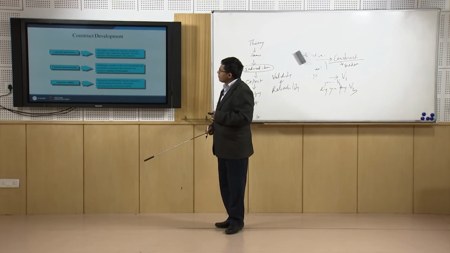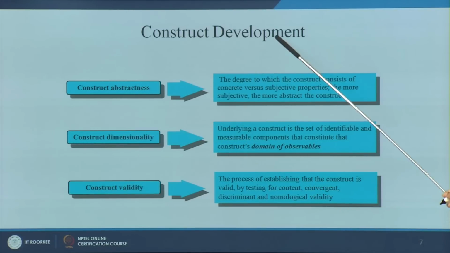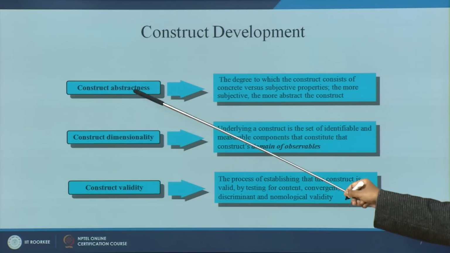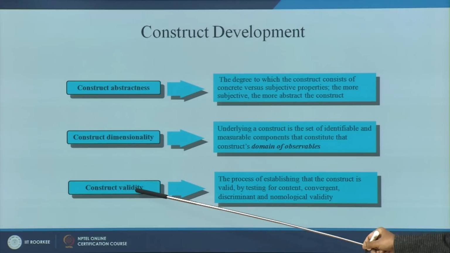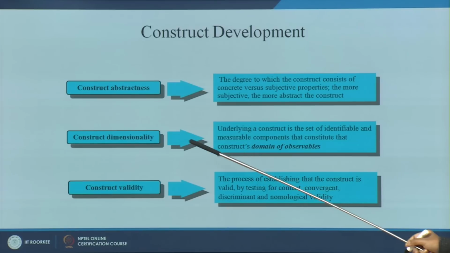In the process there are three things: construct abstractness, dimensionality and validity. Abstractness is the degree to which the construct consists of concrete versus subjective properties. The more subjective, the more abstract, and in social science, exactly this is what happens.